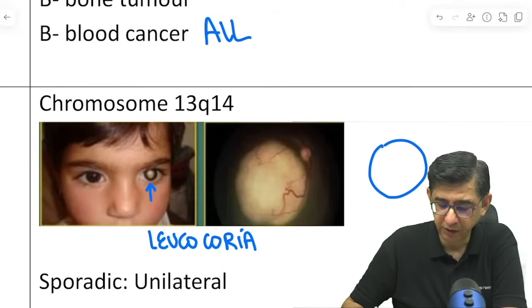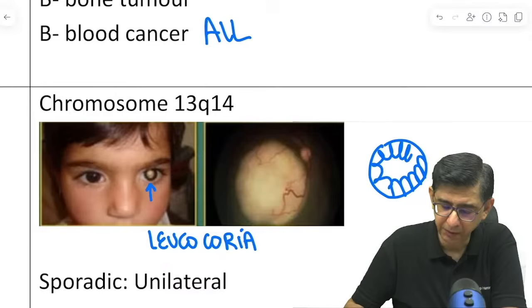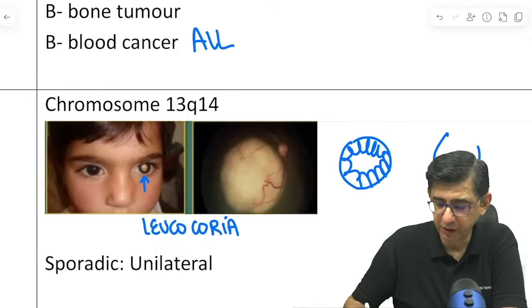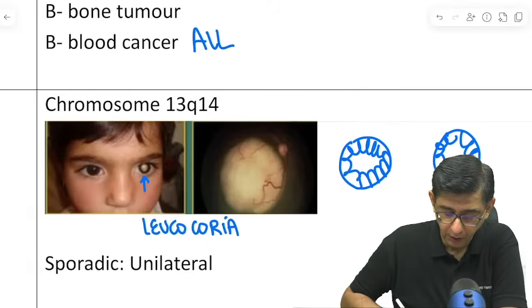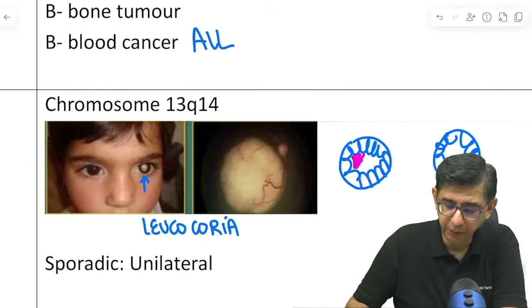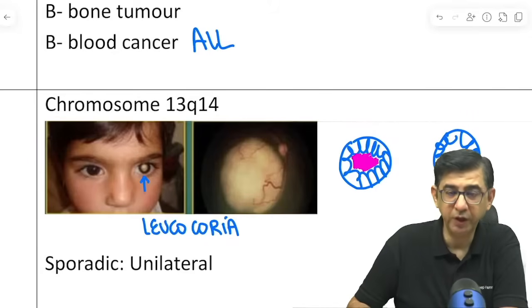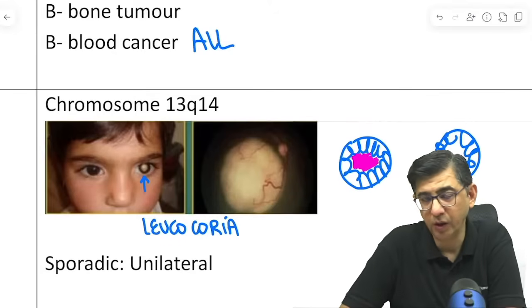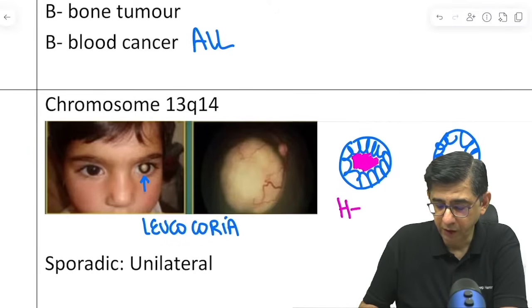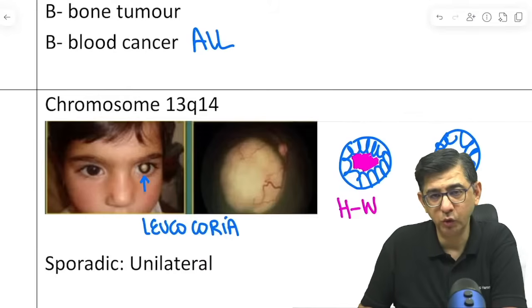Before I go forwards, just a quick line diagram representing rosettes वाले जो cells होते हैं. I'll just represent the rosette वाला component once again. If you can see कि उसके अंदर पिंक मटेरियल प्रेजेंट होगा, that is called as neuropil, that would be called as Homer-Wright pseudo rosettes.